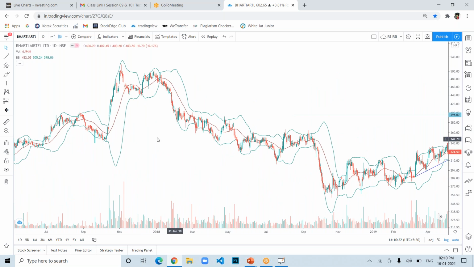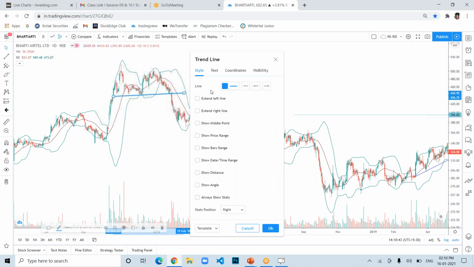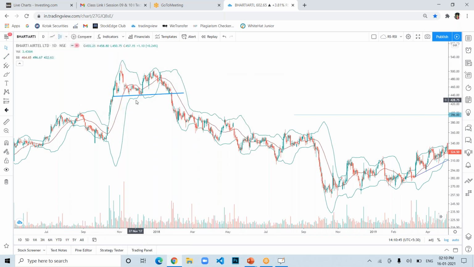Look here. Look, this is an M. Can you see this is an M? Right? I'll just check Grasim.